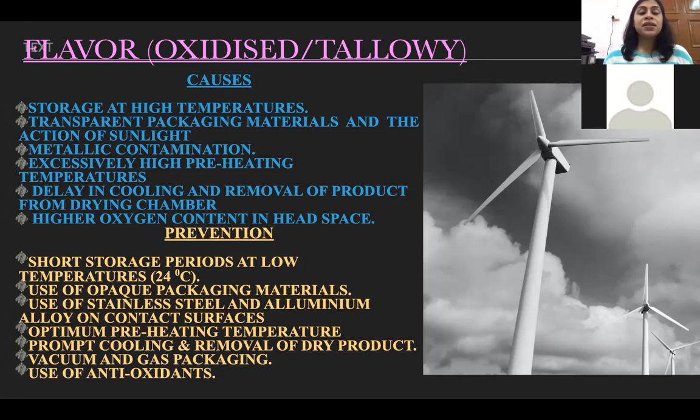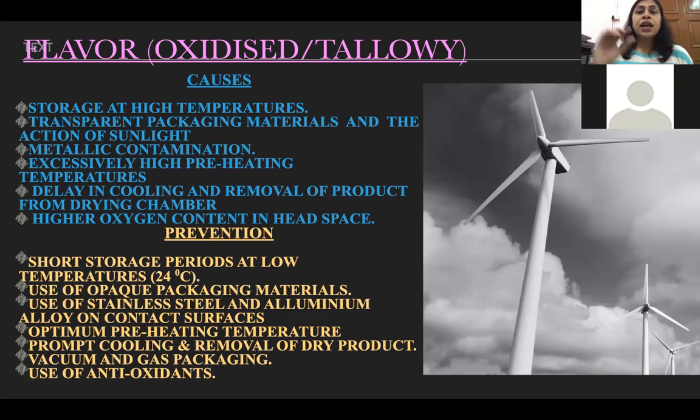When we keep the product at higher temperatures for a longer time, obviously the oxidation rate also increases, the chances of oxidation also increase. So we should cool the product as soon as possible and remove it from the drying chamber. Clear?